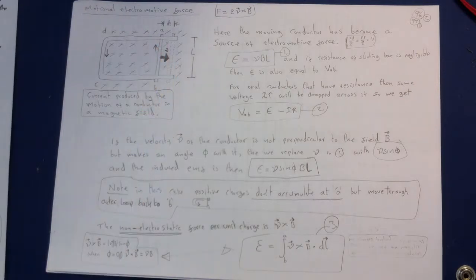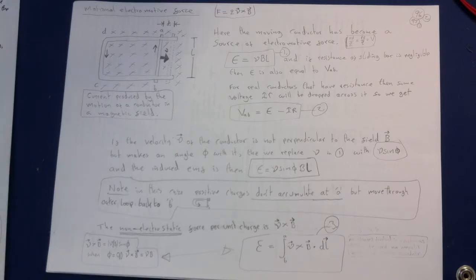Now if the resistance of the sliding bar is negligible, then the electromotive force E is also equal to the potential difference V_AB. For a real conductor with finite resistance r, there is a potential drop Ir. So this conductor in reality has some resistance, which we call little r, and some voltage is going to drop across the resistance of the bar.